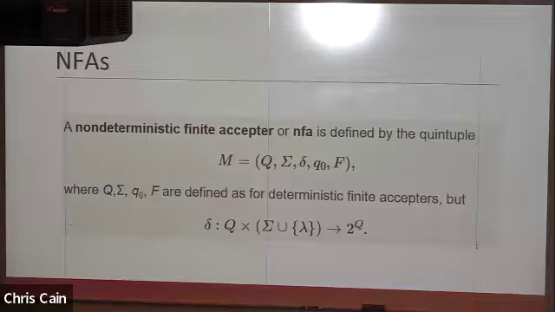So here is a non-deterministic finite acceptor, or a non-deterministic finite automaton. Same quintuple as the DFA, with the exception of the transition function, which now, instead of going from one character in the alphabet to one state, can have more than one of those.